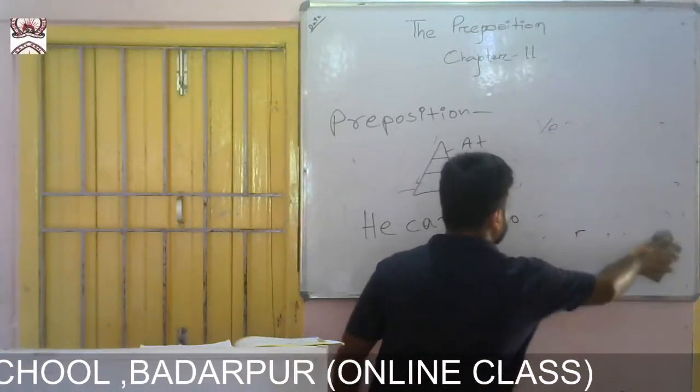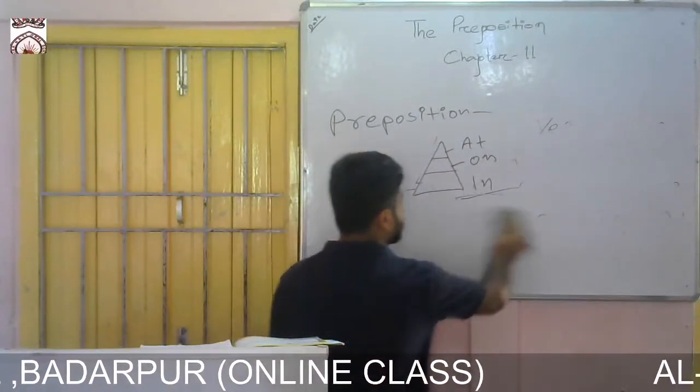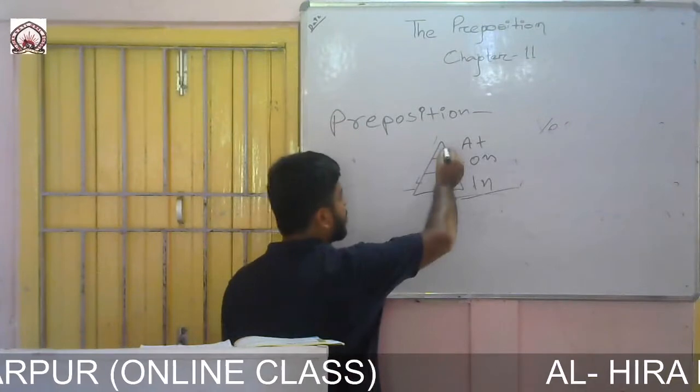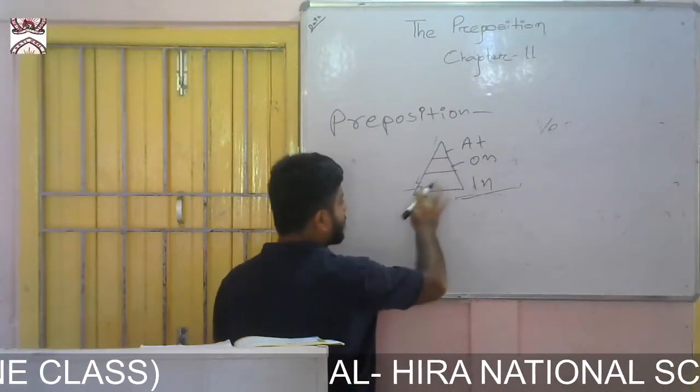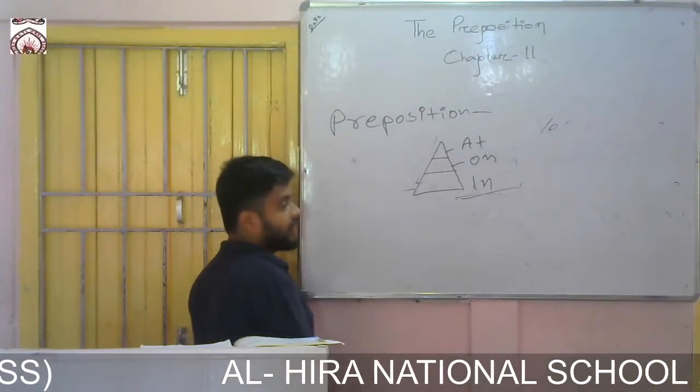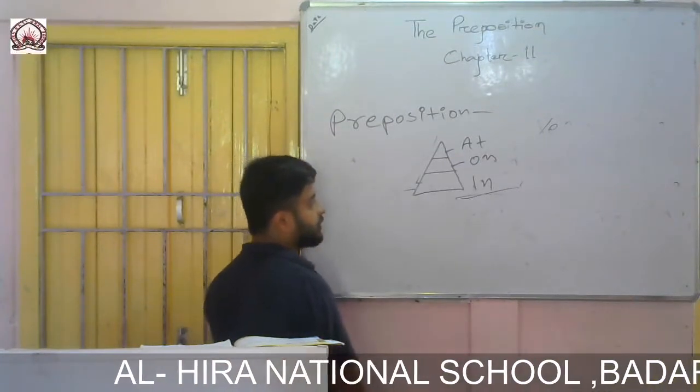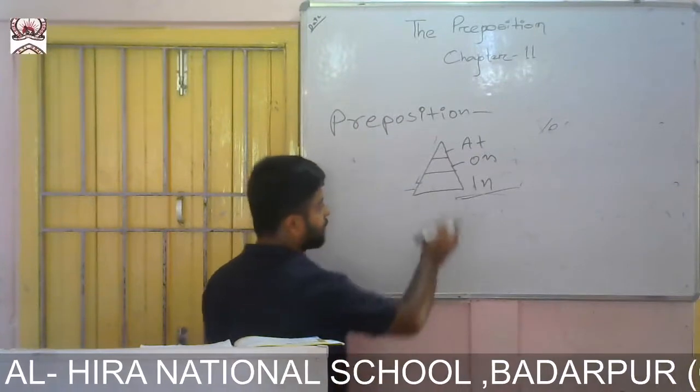Now the next one is at. As I said to you earlier, that means largest, that means in. Triangle, why I decided to explain you with the help of triangle so that it will remain in your mind for a long time.